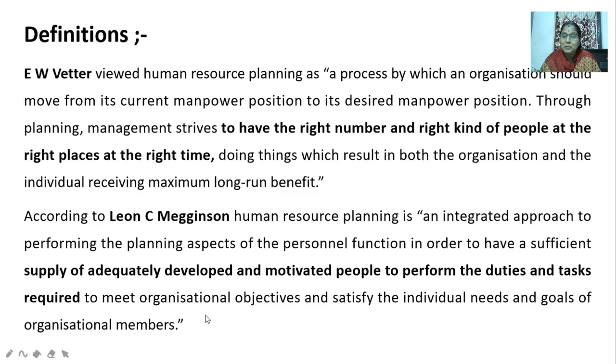Let me go through it once again. See here, it is sufficient supply of. What do you mean by sufficient supply? Suppose there are 3 vacancies for a particular HR group or technicians or any other person who is very important to run the organization successfully, peacefully or smoothly. So I need to have a sufficient number of people.